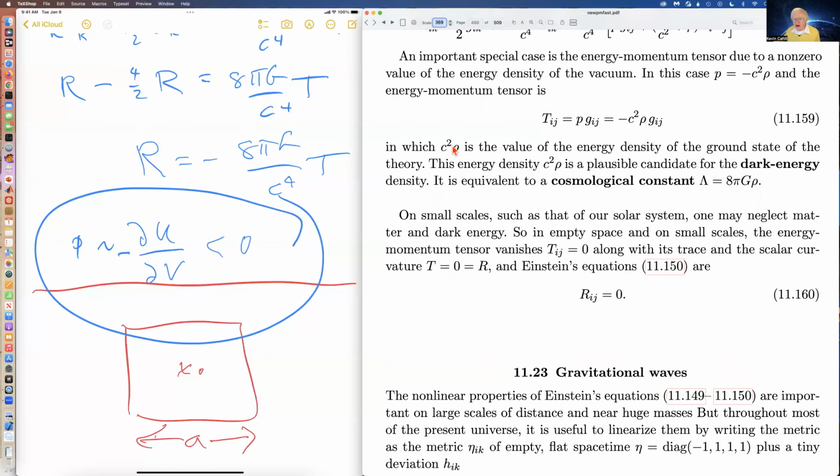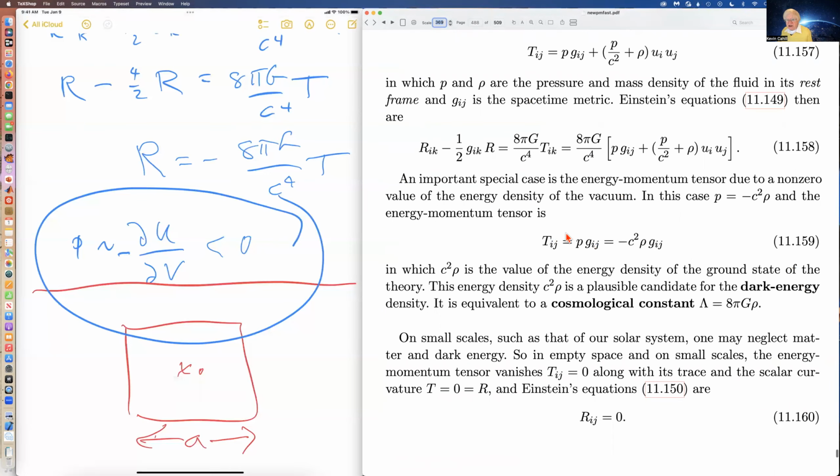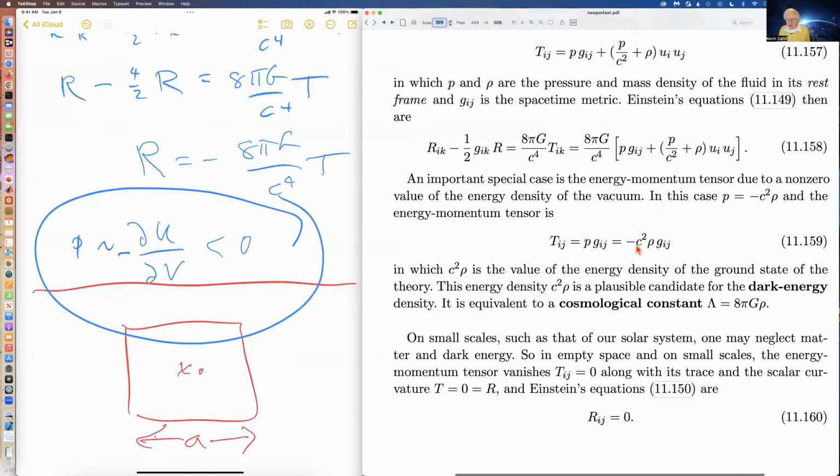So anyway, all of that was just to show you that Einstein's equations with Tij equal to just Gij times a constant is not that crazy. In fact, it is what the universe was most of the time. If we take the bouncing universe seriously, then if we look on a scale of hundreds of billions of years, or say a scale of 1 trillion years, the only thing that counts is dark energy.